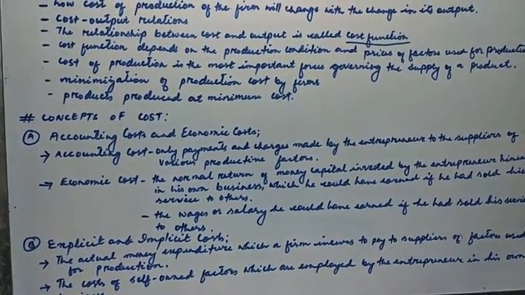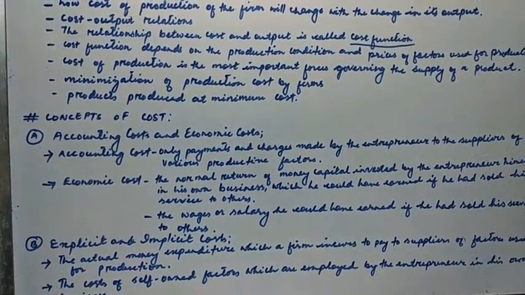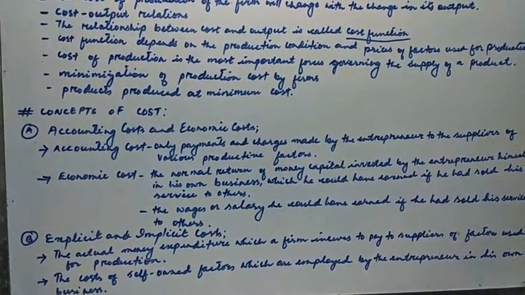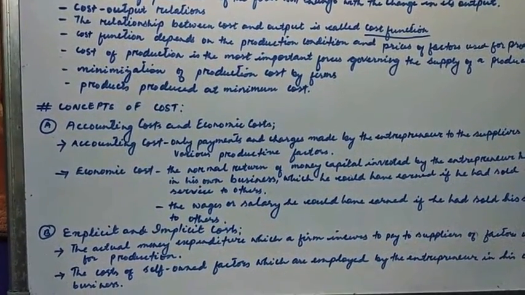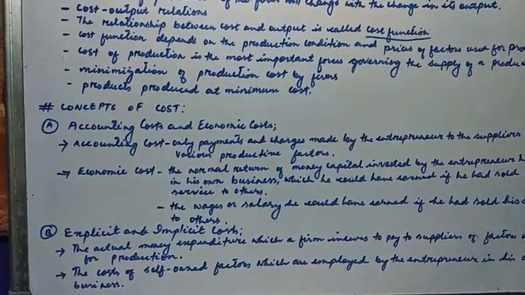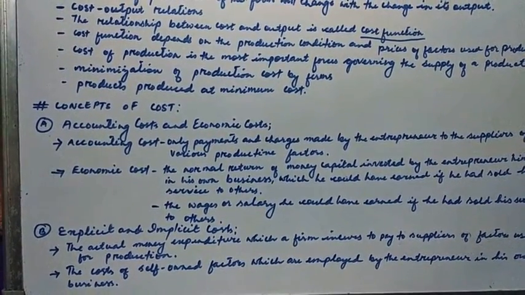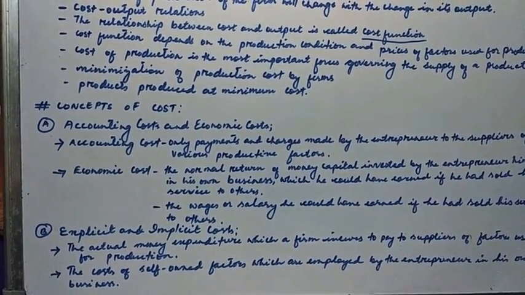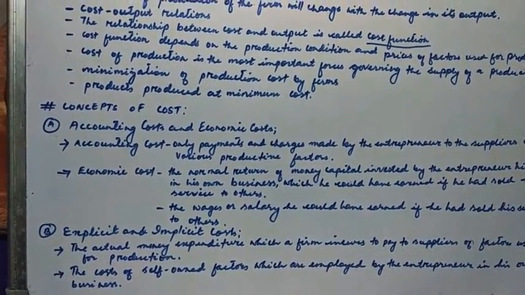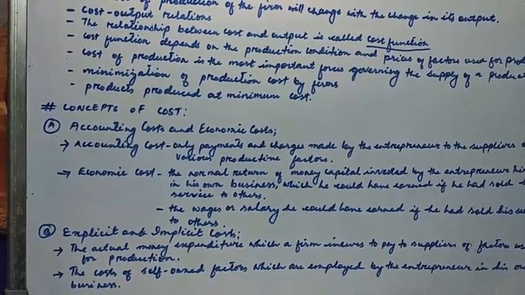When an entrepreneur or a producer produces a commodity, he undertakes an act of production. In that act of production, he has to pay prices for the factors which he employs.